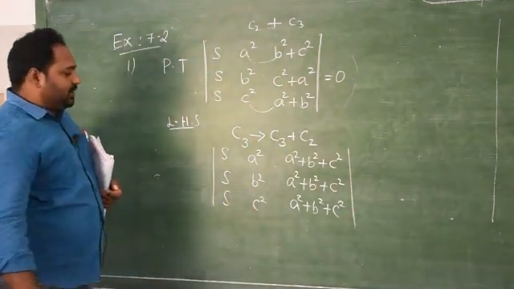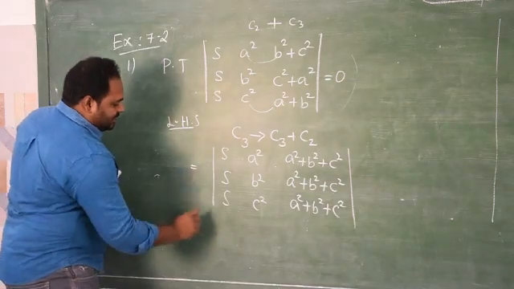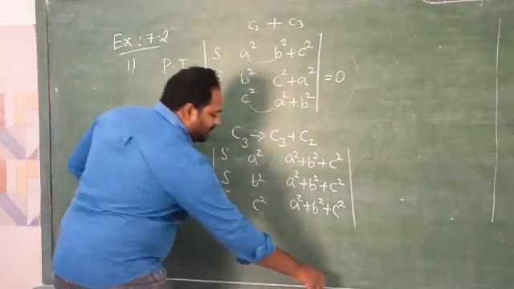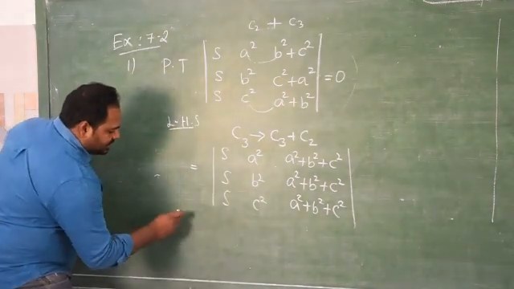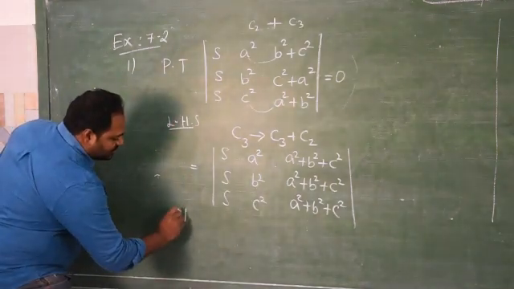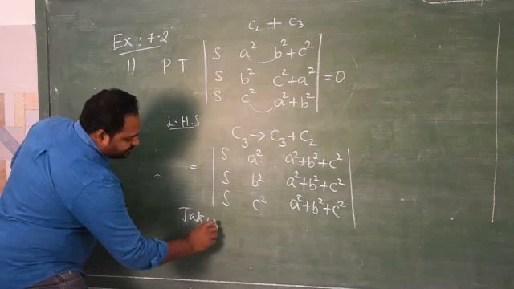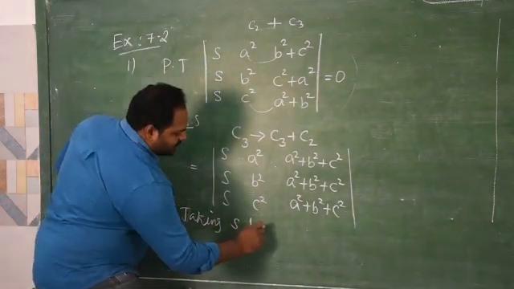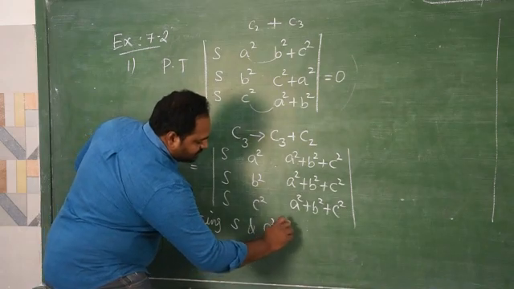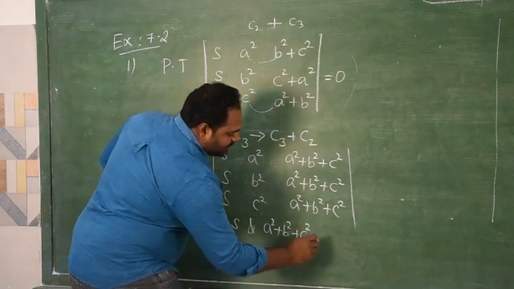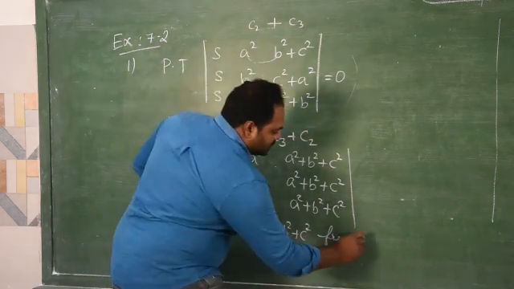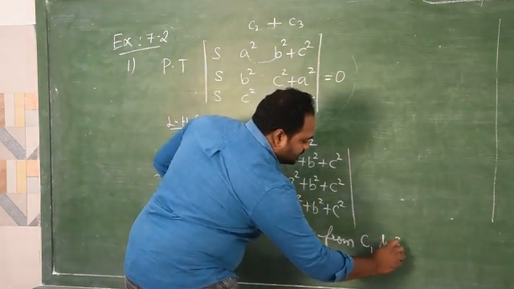Sorry, this is the LHS side. Next, here I am going to take S out from C1 and A square plus B square plus C square from C3.